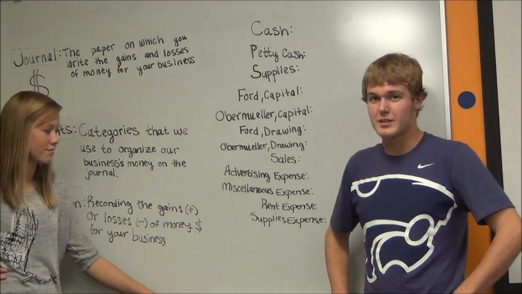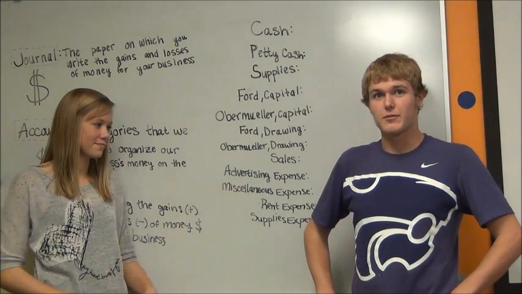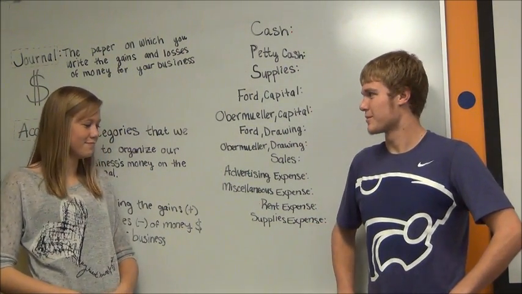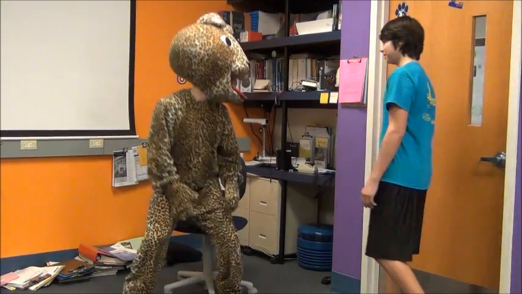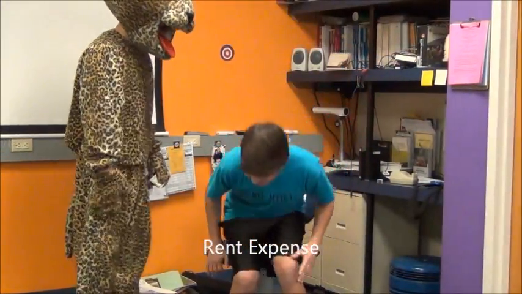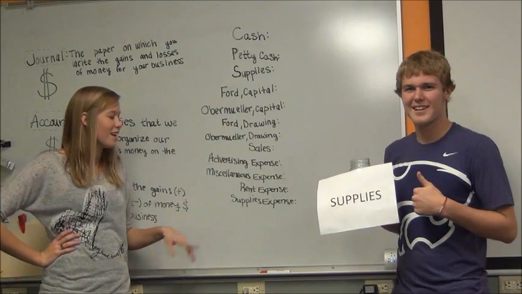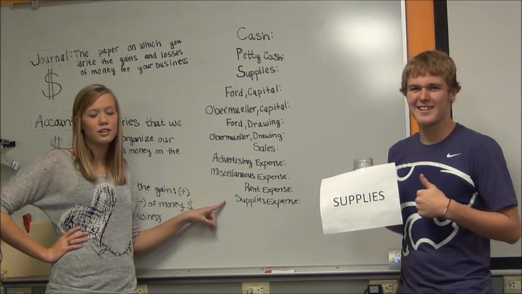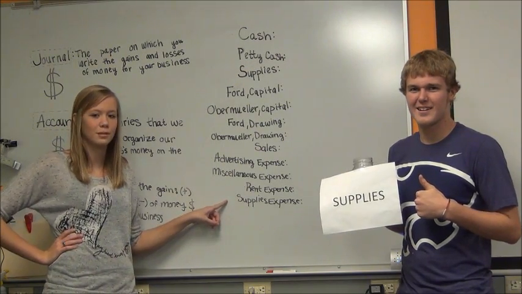The rent expense is the account used to record your money used to rent space for your business. Supplies expense is the account that we use to record the money that we use to buy or restock our supplies.